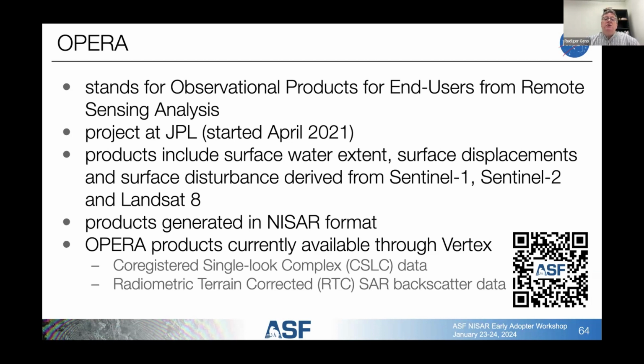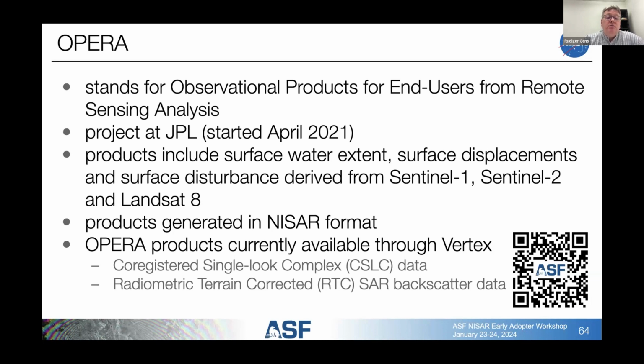The main take home message here is that all the Opera products are generated in NISAR format. The main products that we have currently available through Vertex, they just about became available, are two of those types. They are the co-registered single look complex data, which is something that we will use in the NISAR tutorials later.